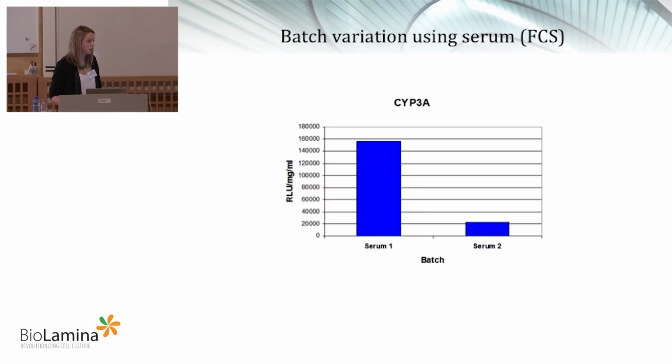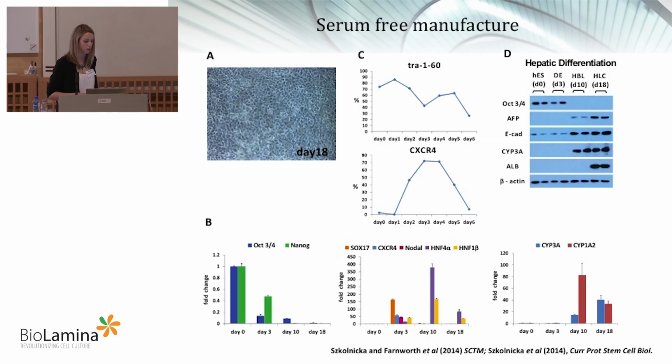But we then came across another problem in our culture system, which was using serum. We saw huge batch-to-batch variability in cytochrome activity, and we tried to eliminate this issue by moving to a serum-free manufacture.